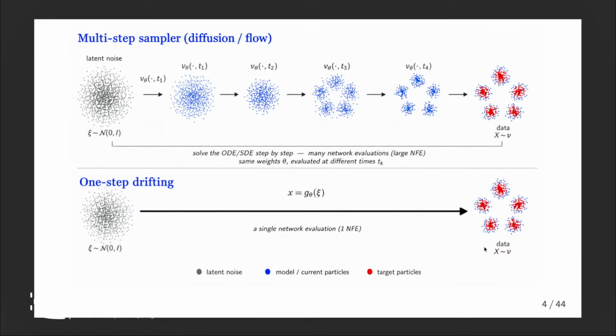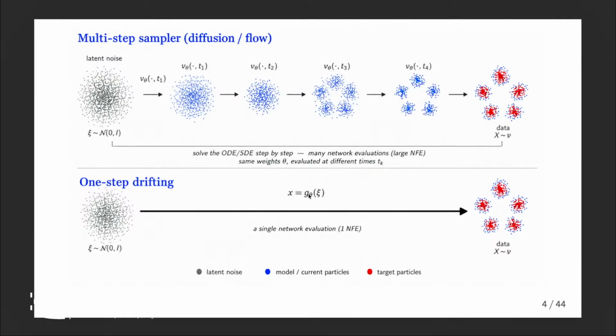The problem that drifting is trying to address is: can you get away with this whole iterative sampling method and just do generative modeling with a one-step process in some sense, right? Basically, given the noise, let's say here psi, your goal is to learn a single mapping G indexed by theta.